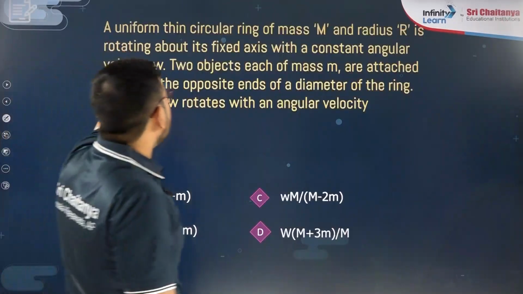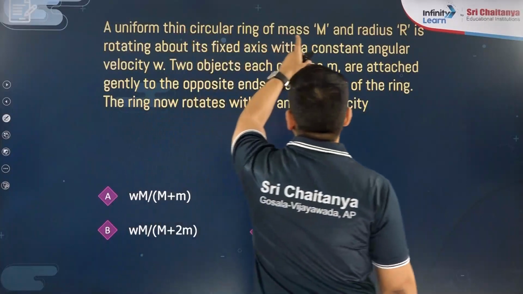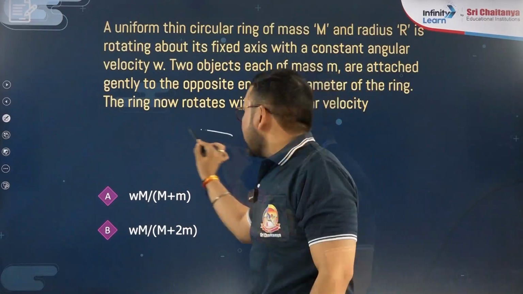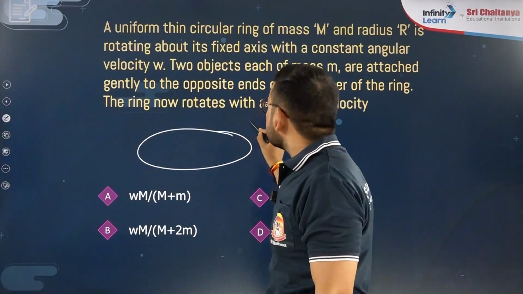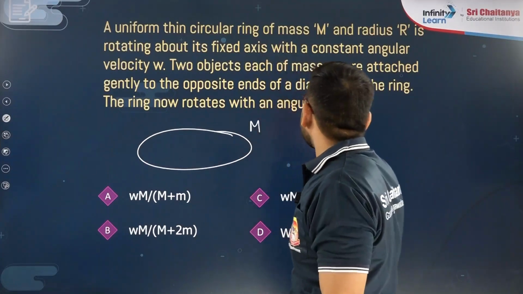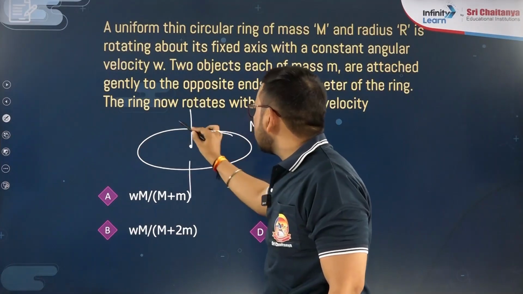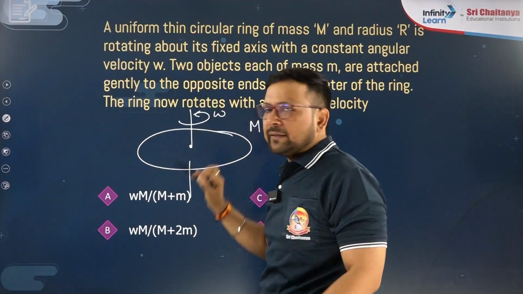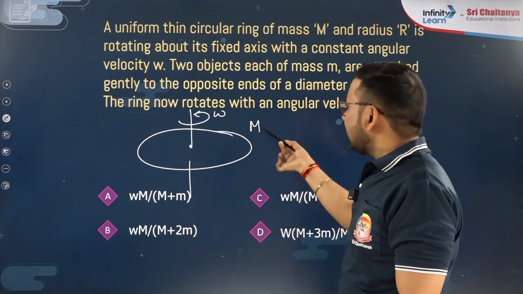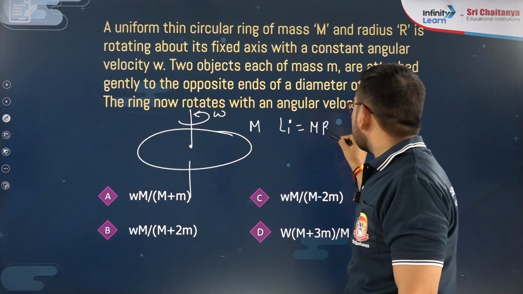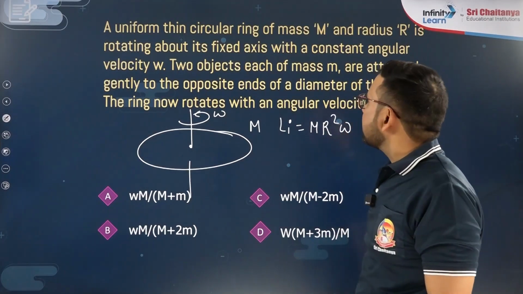Have a look. A uniform thin circular ring of mass m, radius r, is rotating about a fixed axis. Identify the rigid body, that is a ring. There is a fixed axis, constant angular velocity. It is rotating, that is given, so it will have some angular momentum. Let's write it: I for the ring is mr square, into omega.